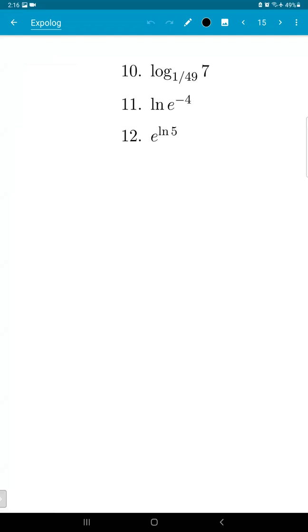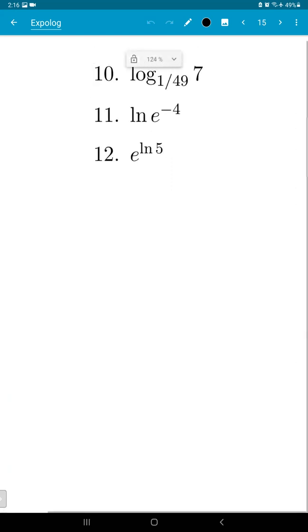So next, evaluate without a calculator still. Number 10. Trial and error. You know that 49 and 7 are related? The square of 7 is 49.